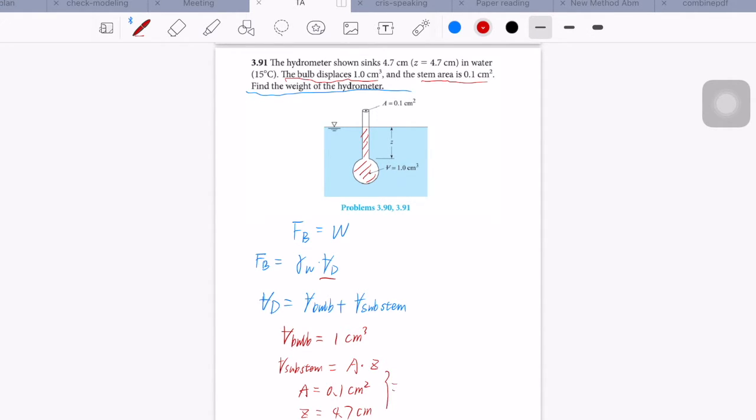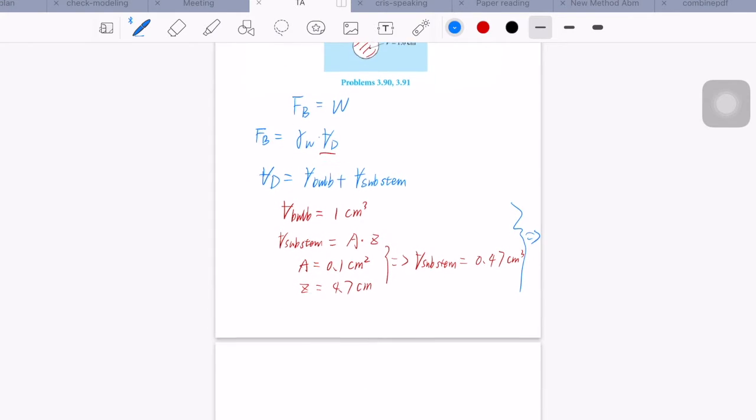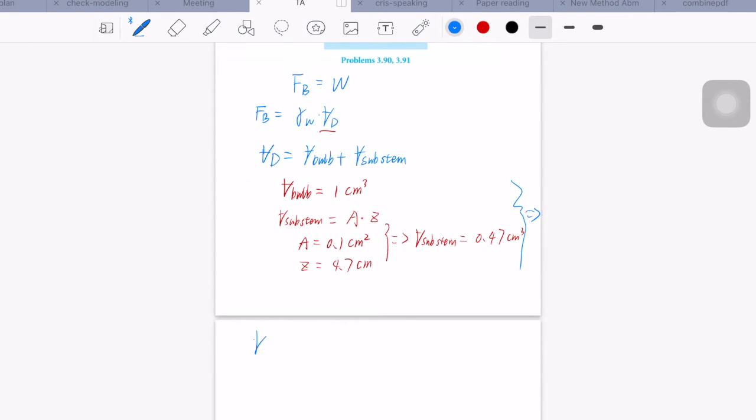So we can determine that the volume of the submerged stem is 0.47 cubic centimeters. So now the volume D should be equal to 1 cubic centimeter plus 0.47 cubic centimeters. So the volume D is 1.47 cubic centimeters.